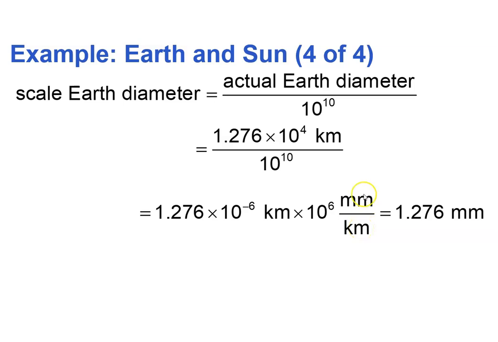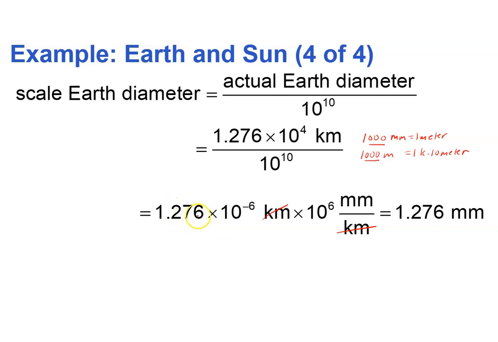There is 1,000 millimeters in 1 meter. There is 1,000 meters in 1 kilometer. So we've got these 3 zeros and these 3 zeros, and that's how you get the 6 right here. Kilometers are going to cancel out.